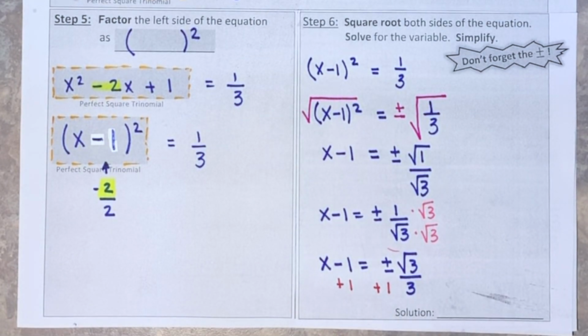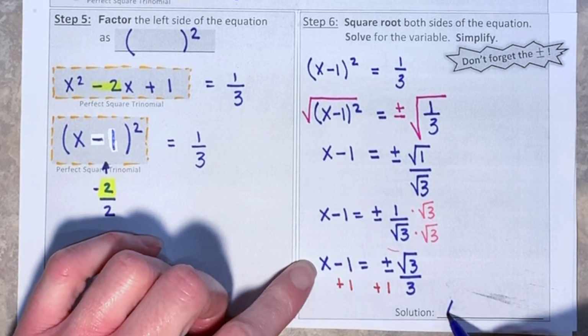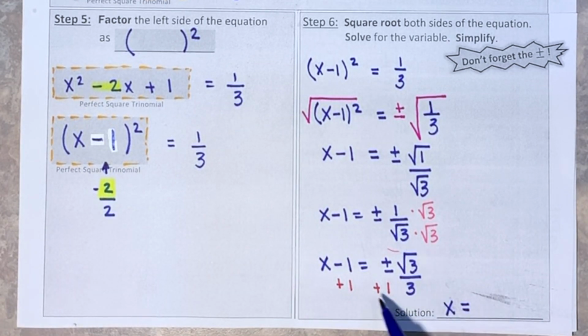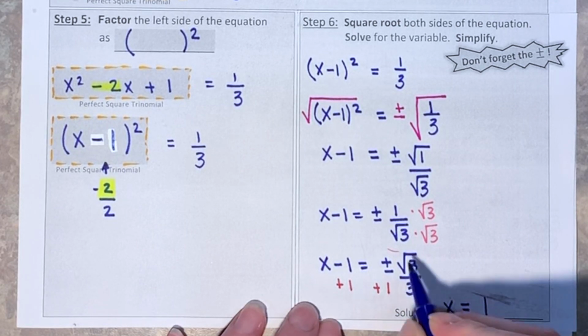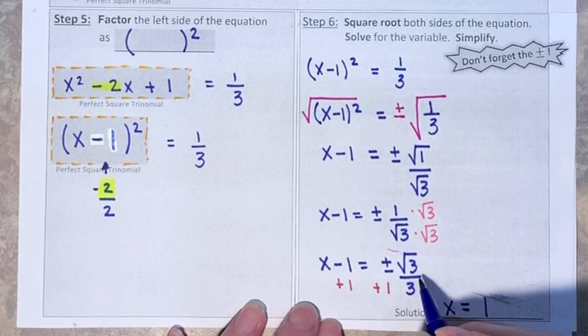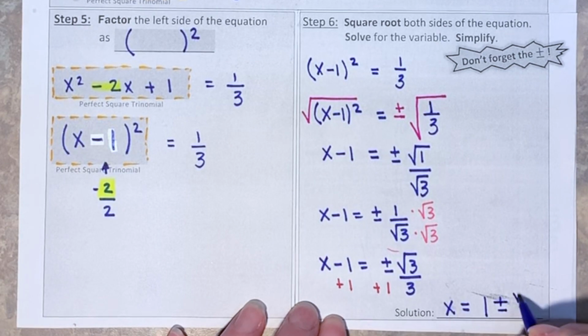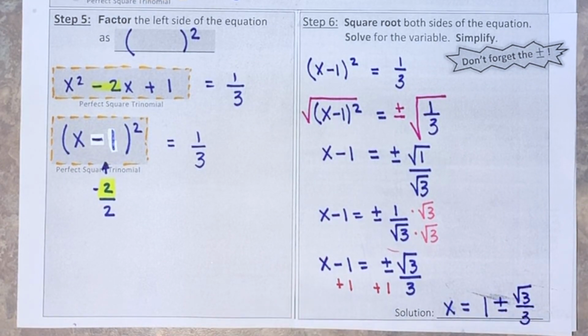And then for our final answer, on the left side, we'll just be left with x. On the right side, we could write our answer as plus or minus radical 3 over 3 plus 1, but it's more common to write the 1 first, and then this big plus or minus radical piece last. So we'll put plus or minus square root of 3 over 3. And this is our final, fully simplified answer.